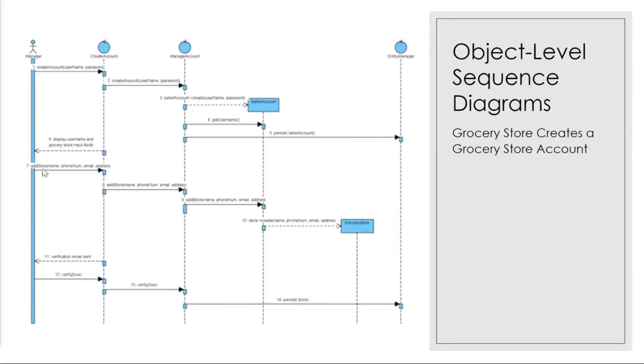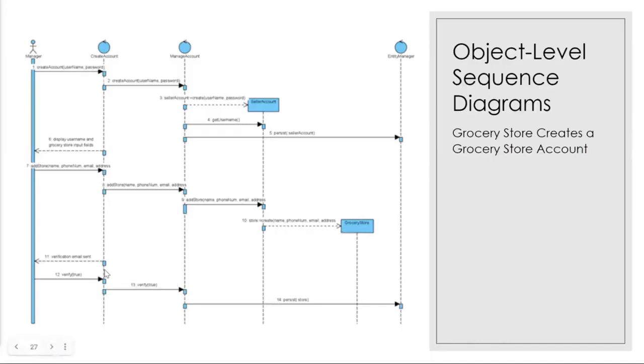The user will then add all the store information for the store and link it to the seller account. And that seller account will create a grocery store object, and initialize all its attributes with the input information.